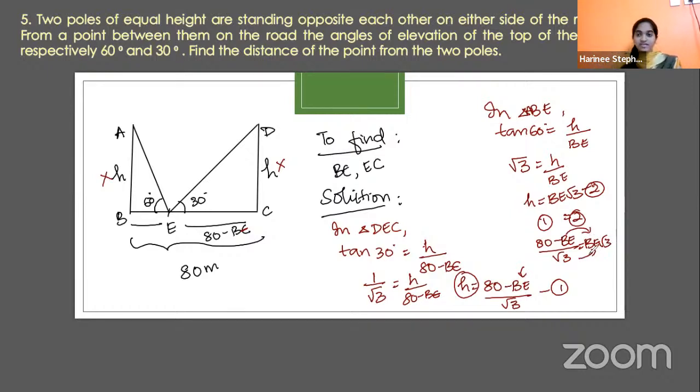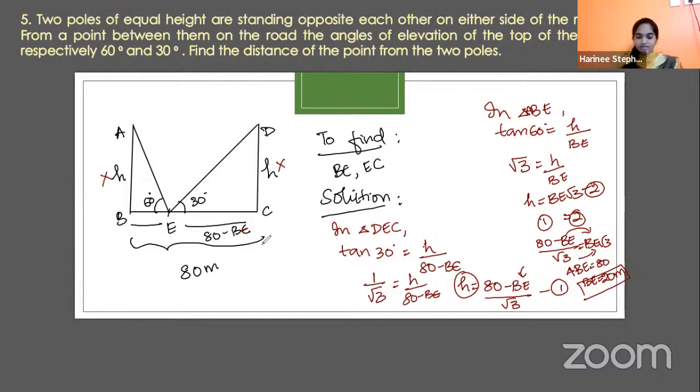So positive BE, 3 times BE plus BE is going to make 4 times BE is equal to 80. So BE is equal to 20. Very good. 20 meters. So if BE is 20 meters, how much is EC? 60 meters. That's it.